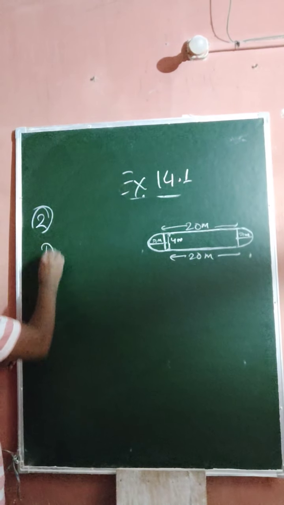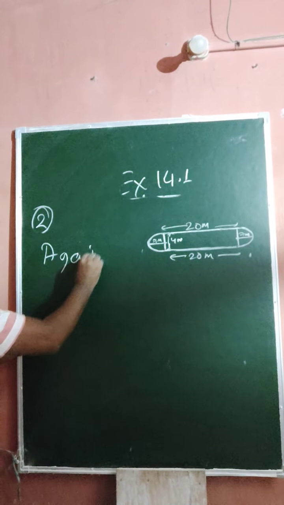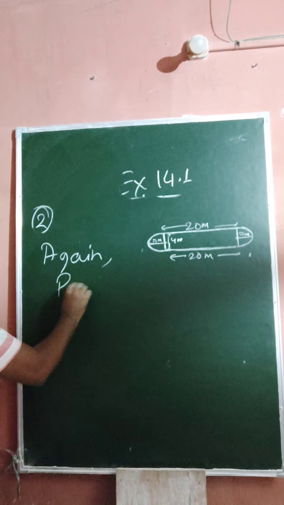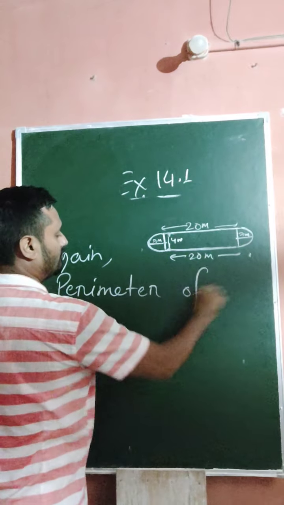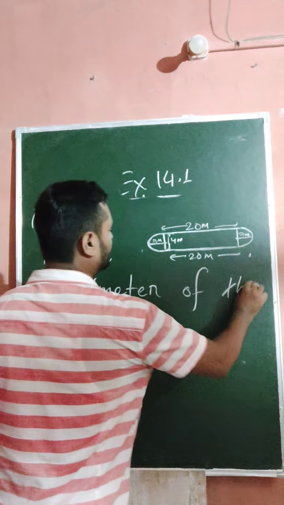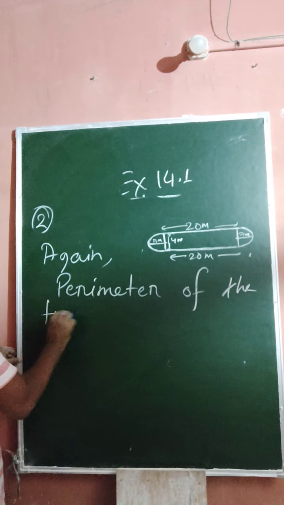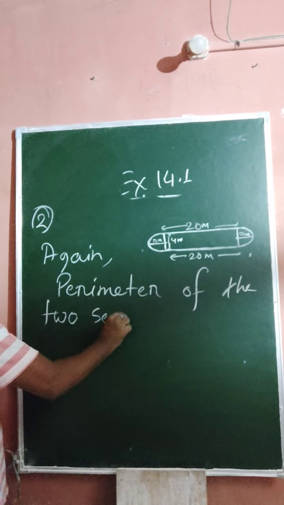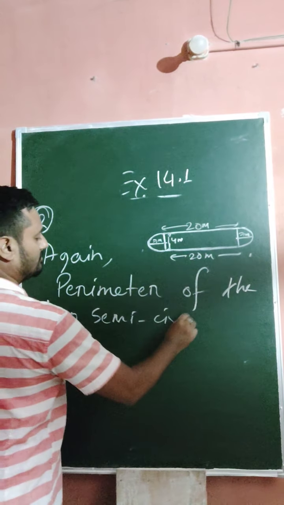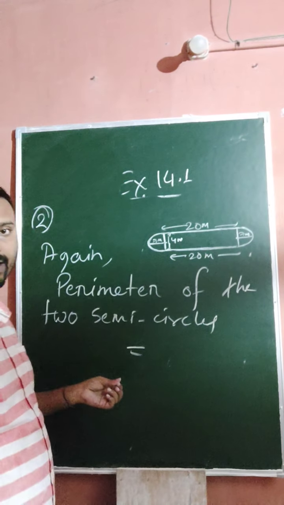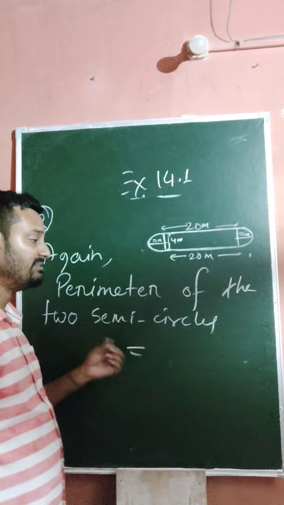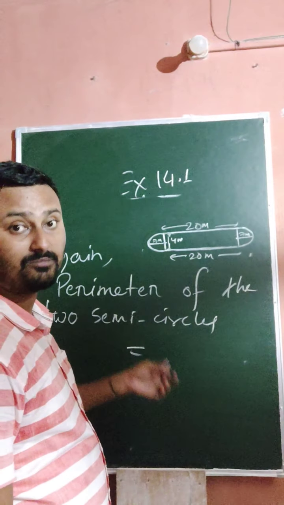The perimeter of a circle is 2 pi r, but in case of a semicircle, this is 2 pi r divided by 2, that means pi r.